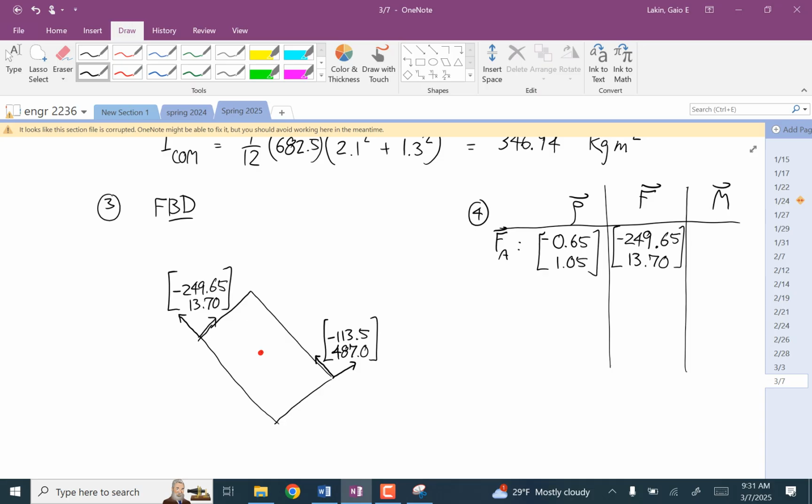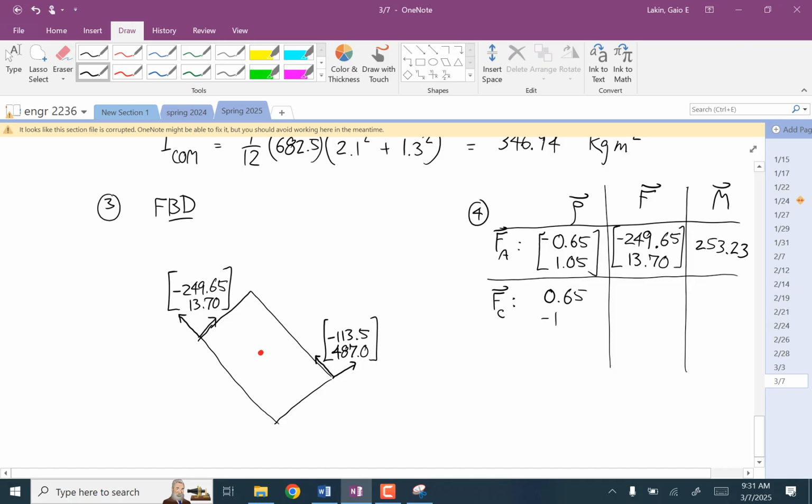And the cross product is 253.23. And then the force at C, well, that's just the opposite corner, so that's just going to be the opposite of this, 0.65, negative 1.05.